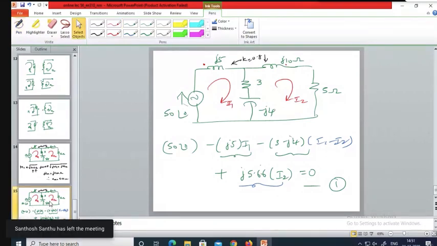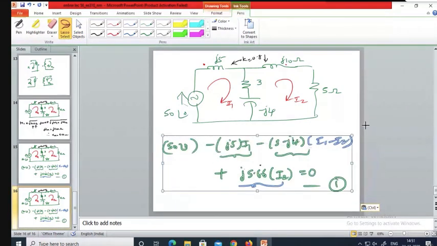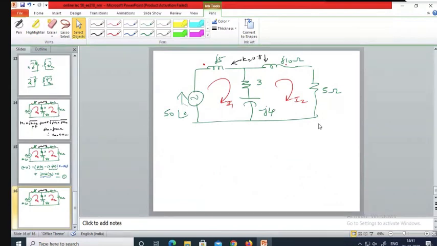Next, for the second loop, you can apply KVL similarly and simplify it. It is minus (3 minus J4) into I2 minus I1, the drop in this branch.